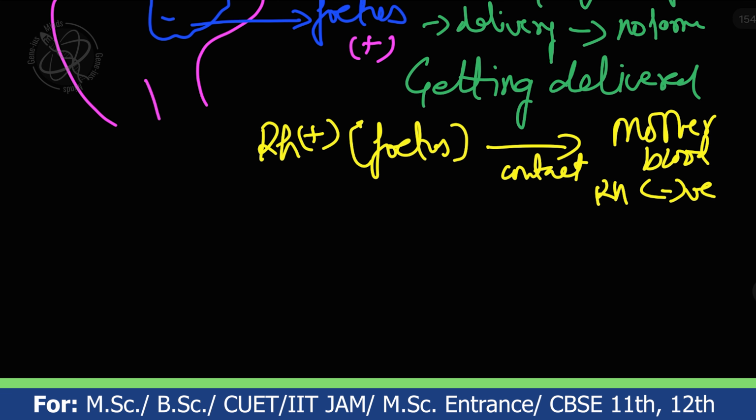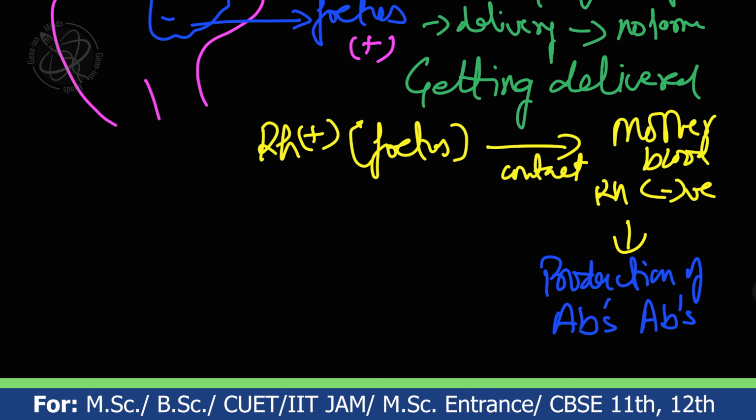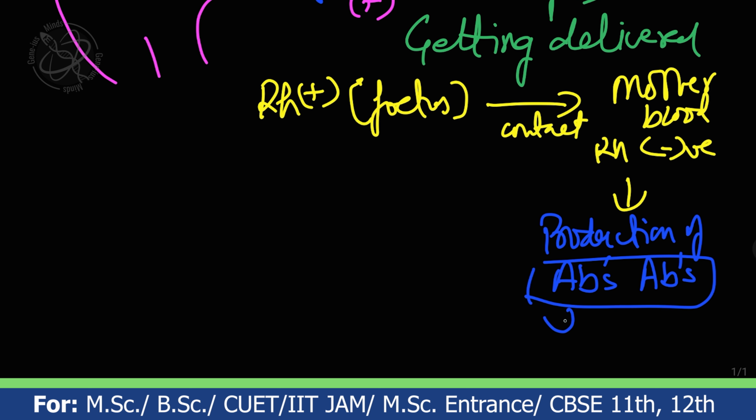There is incompatibility between the fetus and the mother, right? Because of the mixing of this RH positive blood from the fetus into the mother's RH negative blood, there will be production of antibodies in the mother's body, because foreign agents are coming, right? Which is nothing but the RH positive coming from the fetus. So now antibodies are prepared in the mother's blood against the RH positive blood group. Okay. Now suppose this is the mother's body.